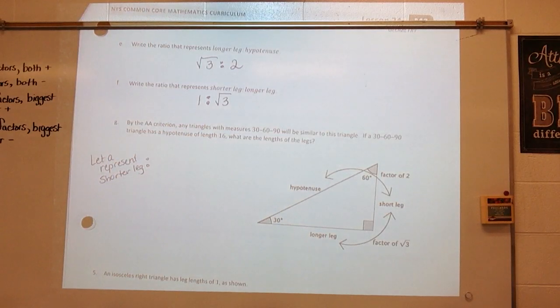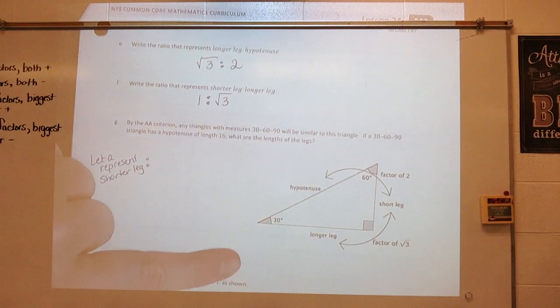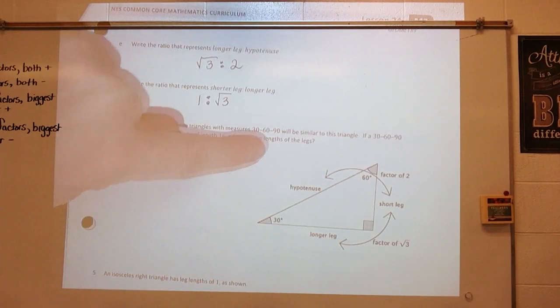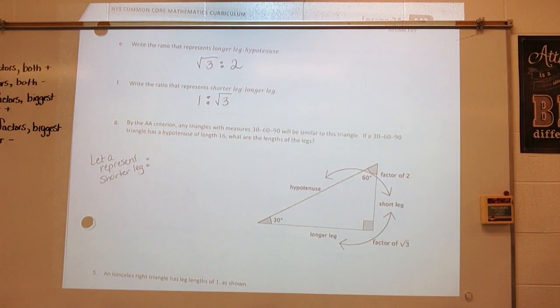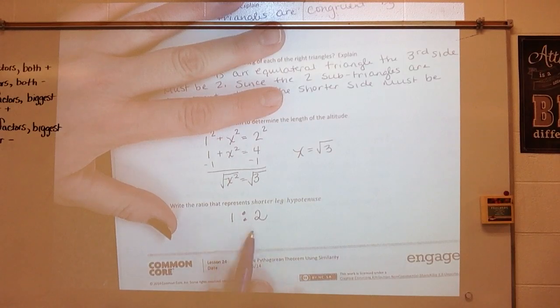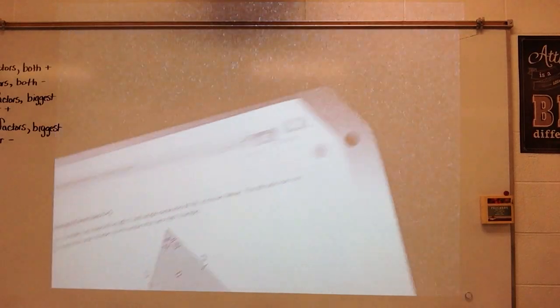Alright, so now I've got a, let's look at what I have. I know that it has a hypotenuse of 16. So I need to do something that represents the shorter leg to the hypotenuse. Well, we did a shorter leg to the hypotenuse ratio here.